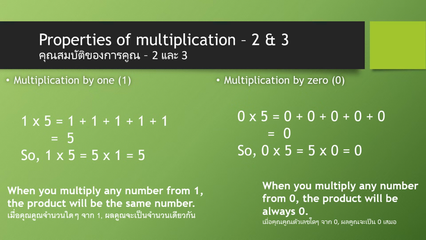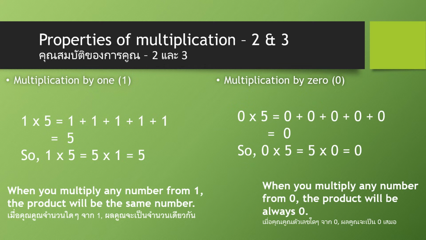Okay, so we learned that when you multiply any number by 0, the answer will always be 0. Remember that when you multiply 0 by any number you like, the answer will be 0.